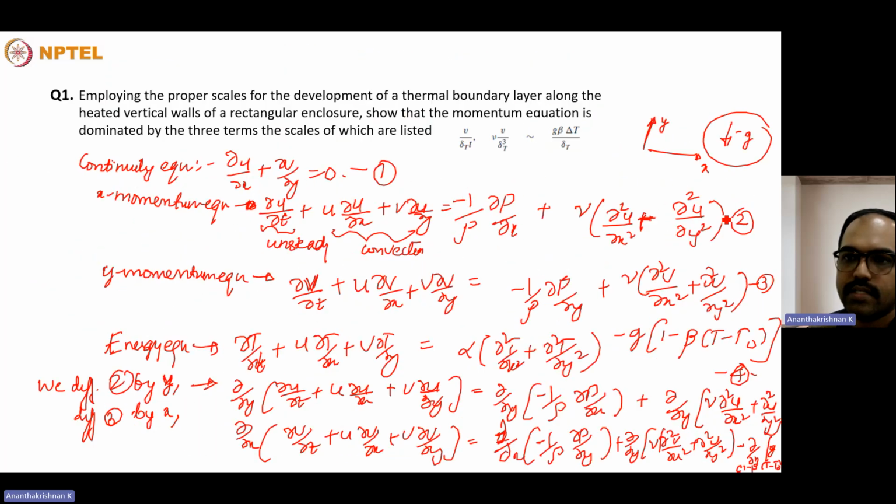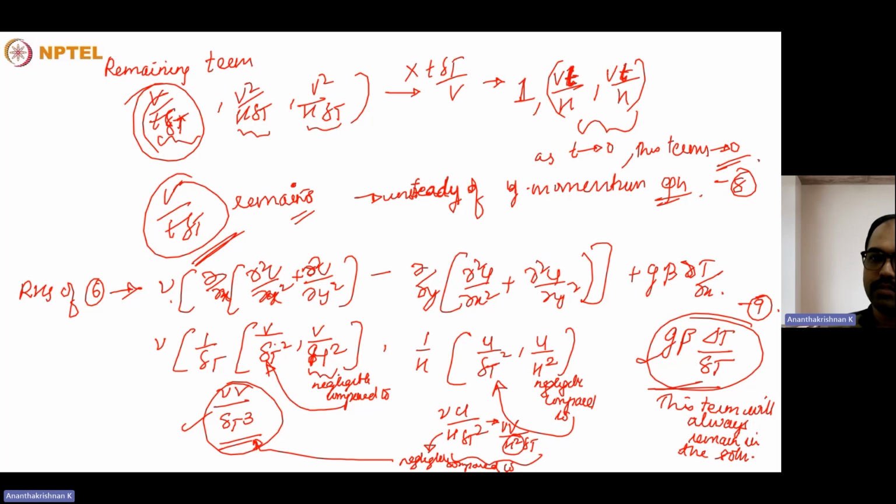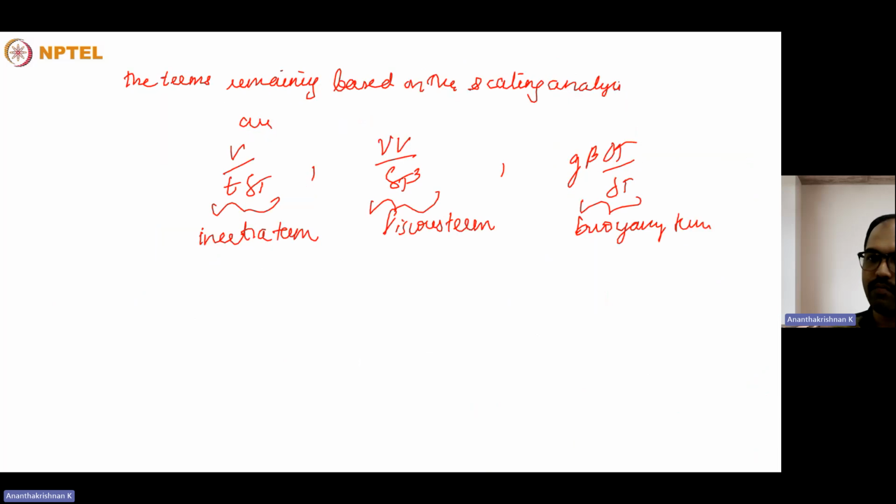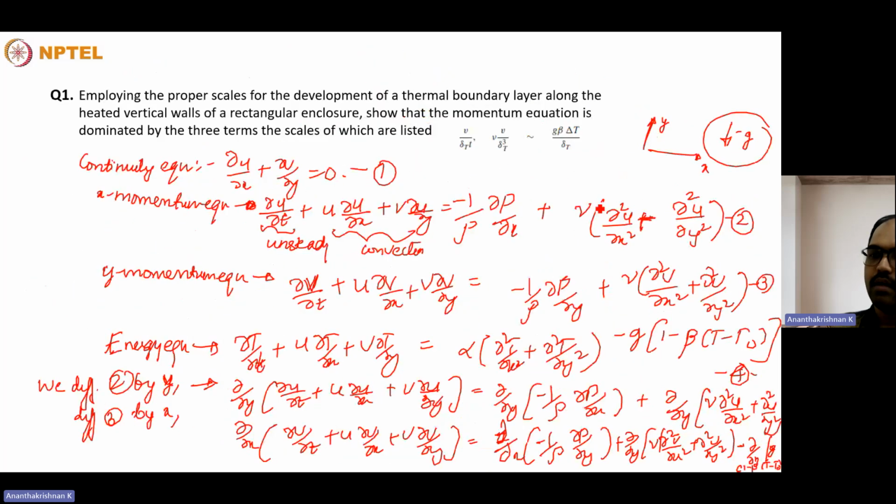So this validates our claims that these three terms are the dominating terms in the set of xy momentum equation and continuity equation. That solves the first problem, where we were supposed to find which terms out of the general x and y momentum equations dominate the proceedings.